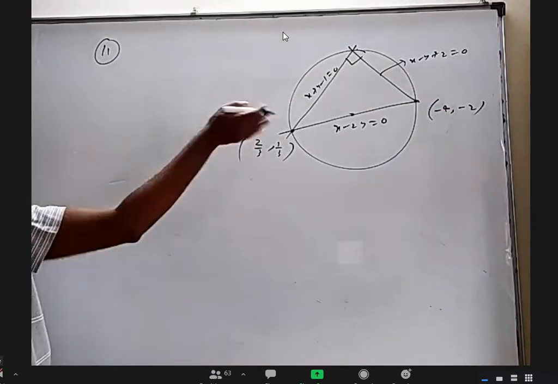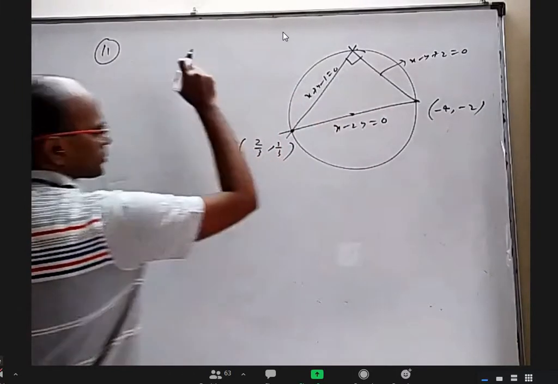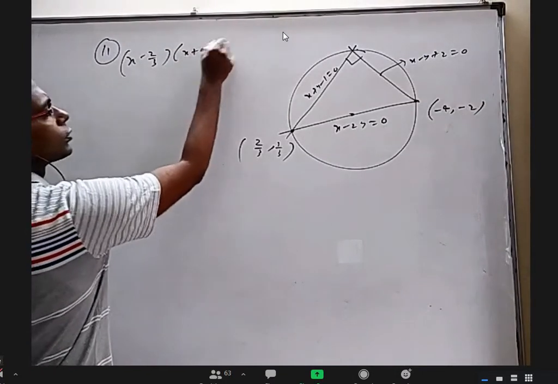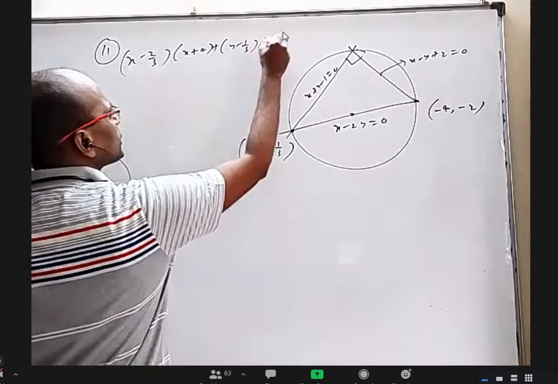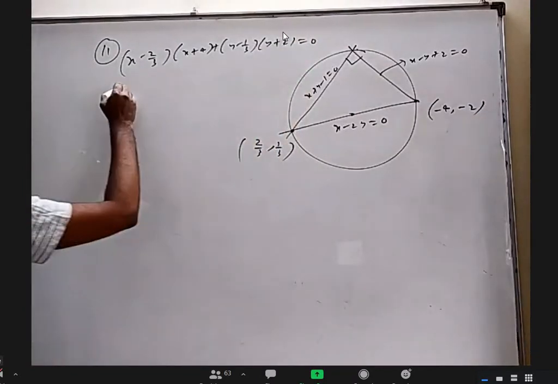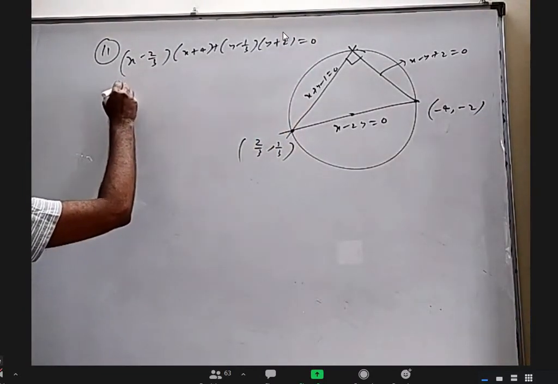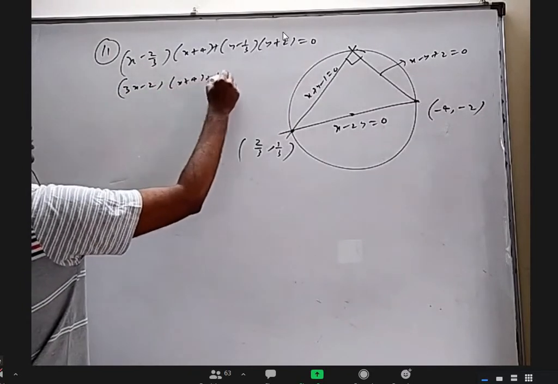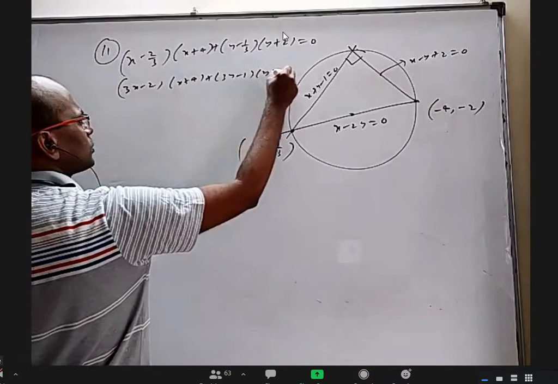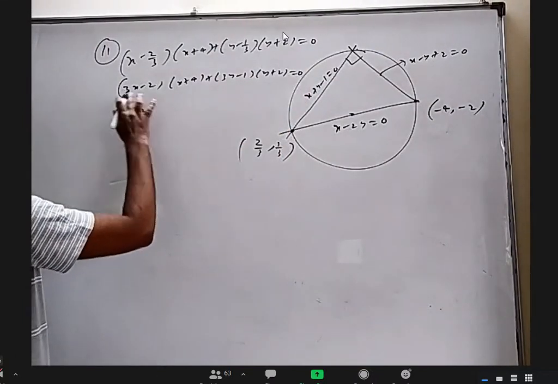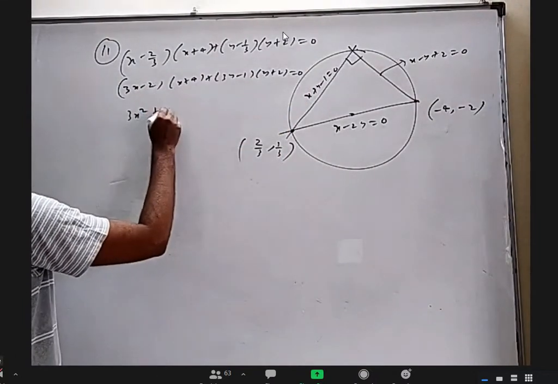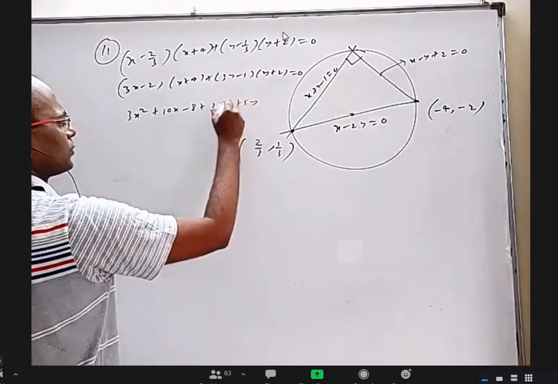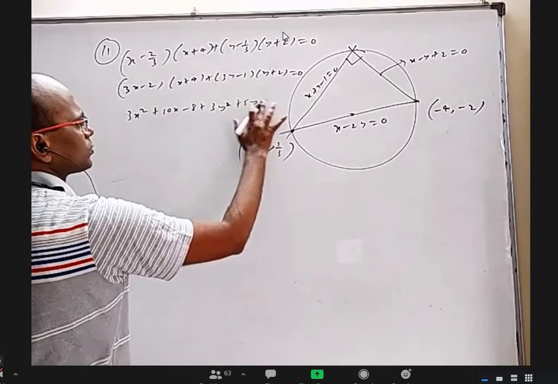Okay, take this as ends of diameter, because these two are perpendicular lines. x minus 2 by 3 into x plus 4, y minus 1 by 3 into y plus 2 equal to 0. 3x minus 2 into x plus 4, 3y minus 1 into y plus 2 equal to 0. 3x square, 12x minus 2x, 10x minus 8. 3y square, 6y minus y, 5y minus 2 equal to 0.